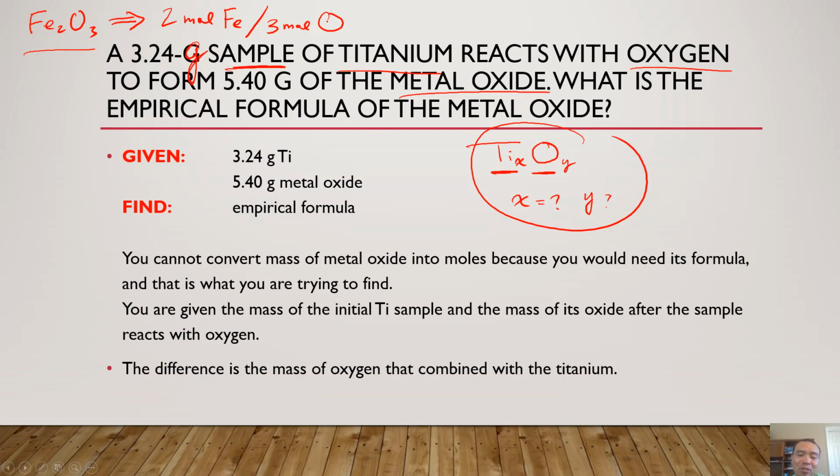So we do know the ratio. But if you know how many moles of each, can you go back and calculate how many grams of each you have? Of course, it would be how many grams? It's 2 times the molar mass of iron, which is 55.85.